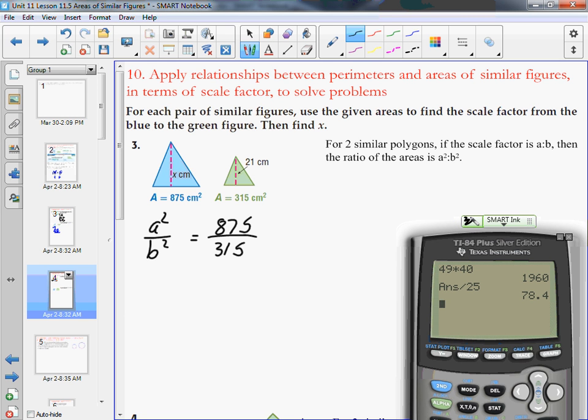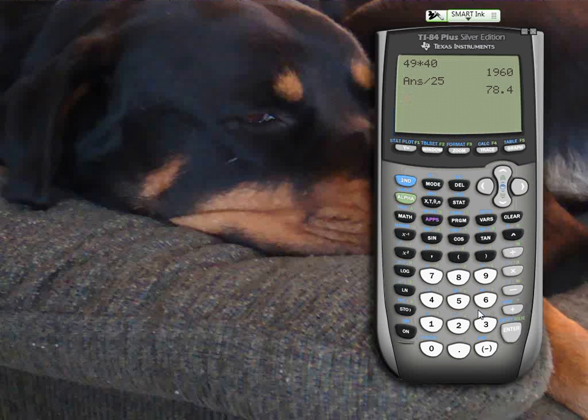Now, that means that a squared, let's see, how do I want to say this? I think the easiest way to approach it is, I've got two things in my mind conflicting. Let me check something here. 875's not a perfect square, is it?